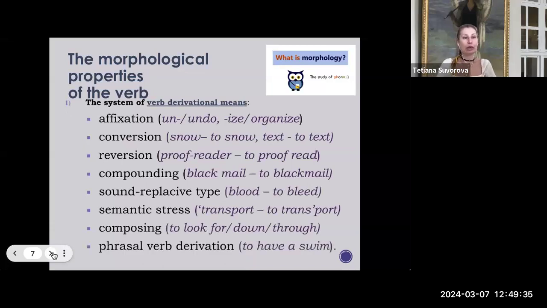You see that once we speak, again I emphasize this idea, that we're speaking about the system, because all these verbs are connected between each other by the meaning of verbality or processuality, that they express that meaning. So it's a general characteristic of all the verbs.